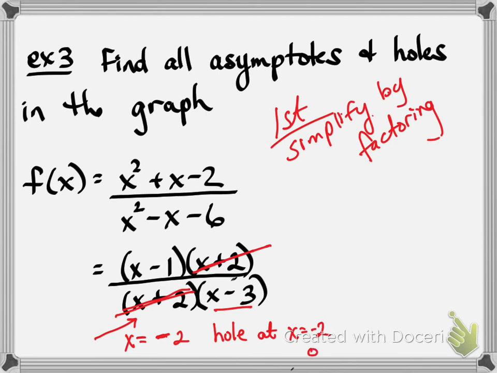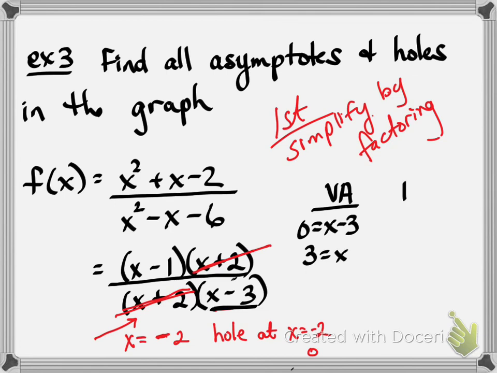So first we will look to see if there are holes in the graph by factoring it to see if anything cancels out. And then we do the vertical asymptote rule. Set the denominator equal to 0. What's left in the denominator after we have divided out? So there's this left. So we have a vertical asymptote at 3.